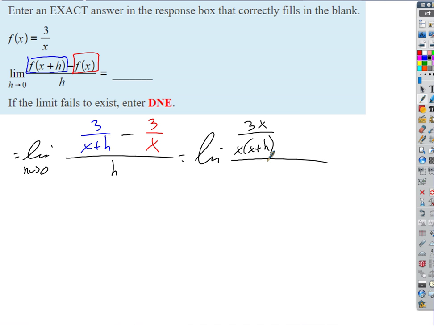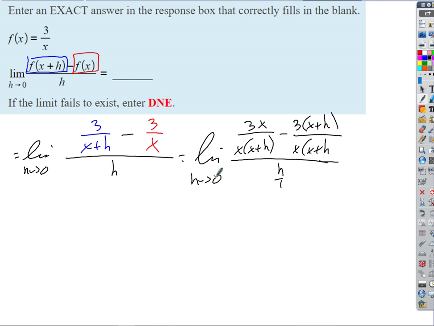Everybody agree? Minus, and this one I have to multiply by x plus h over x plus h. Does that all make sense?